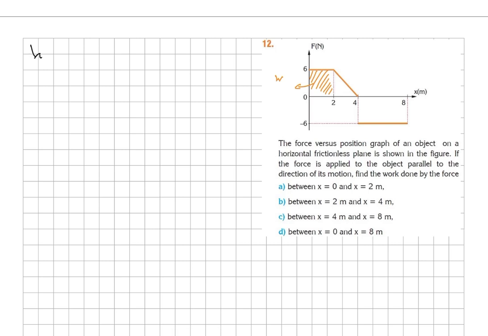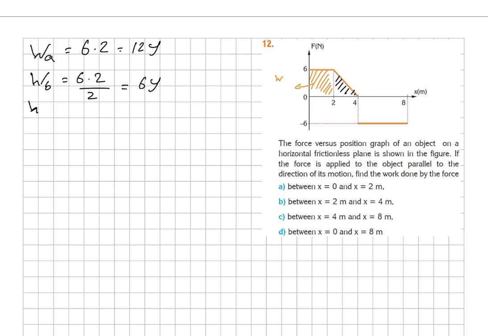So the work done for question A will be just 6 times 2, which is 12 joules. And the work for question B will be the area here. It will be 6 times 2 over 2, which is 6 joules.